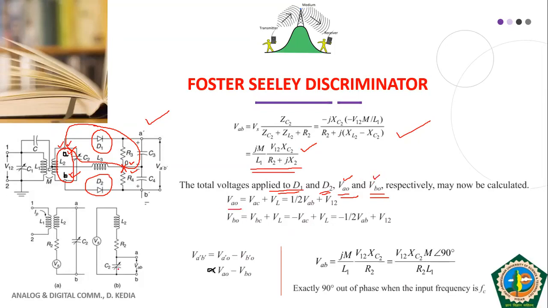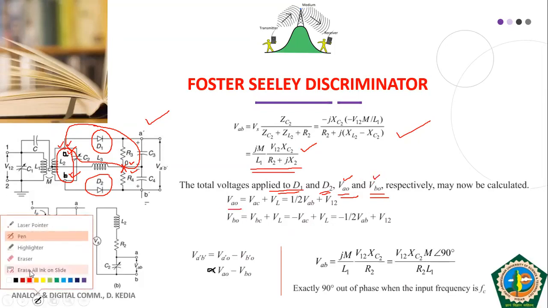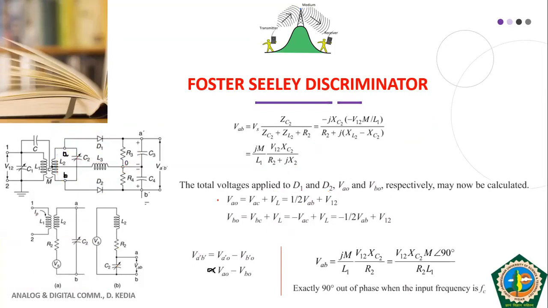What is VAO? Let me erase and then you will be able to understand. VAO means the voltage across these two points in this upper portion of the circuit. If you look at this circuit carefully, it has D1 and R3 in parallel with this half secondary and this inductor. These are in parallel, so the voltage is the same across these two.